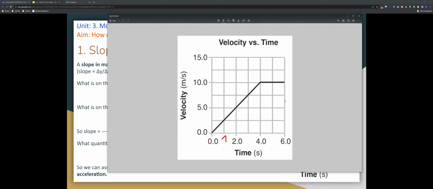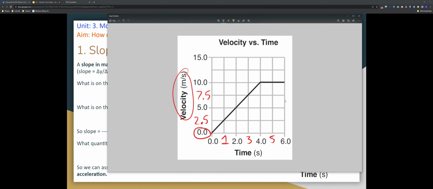And so let's look at 1 second, 3 seconds and 5 seconds. This is 2.5, and this is 7.5. So at 0 seconds, my velocity is 0, right? Because if you look on the y-axis, my velocity there stays at 0. At 1 second, my velocity is 2.5 meters per second.